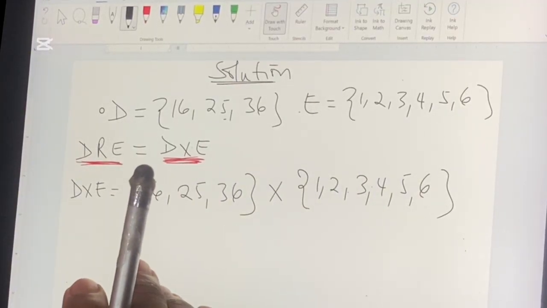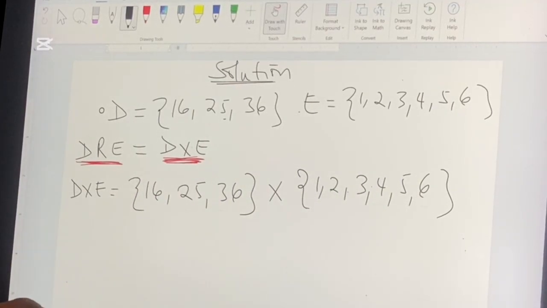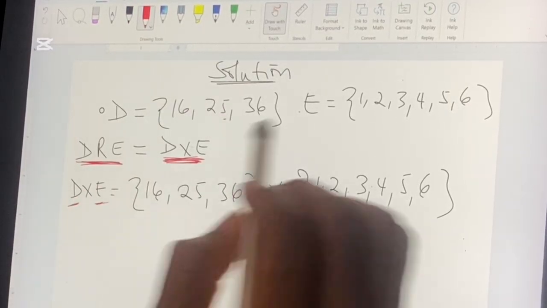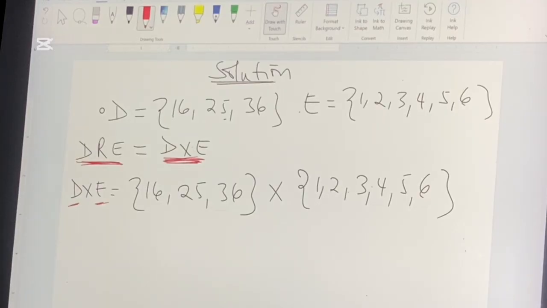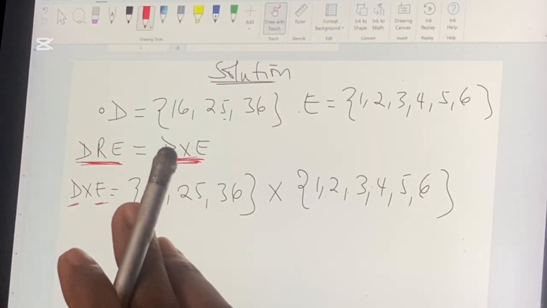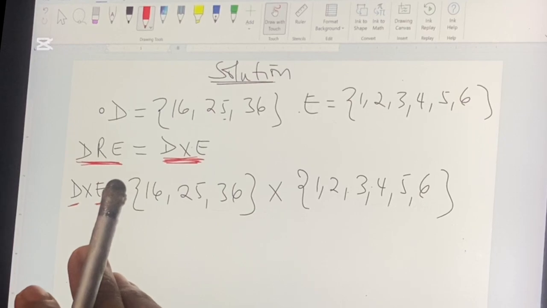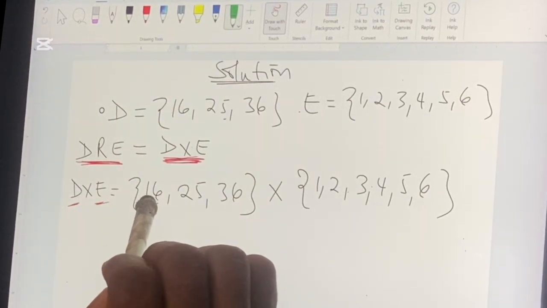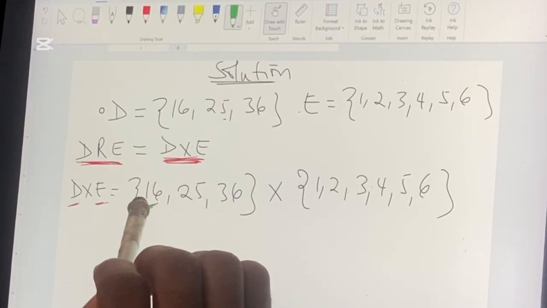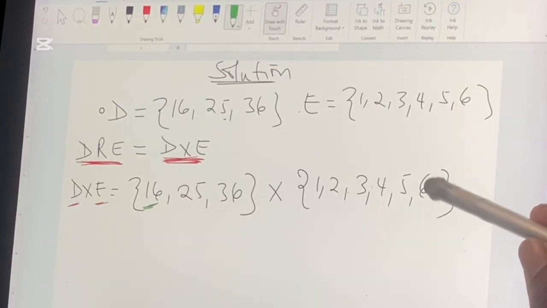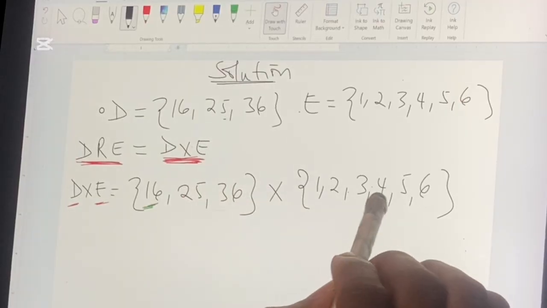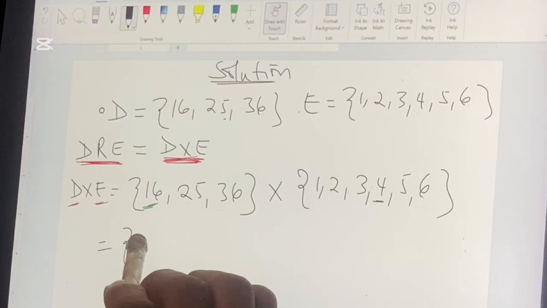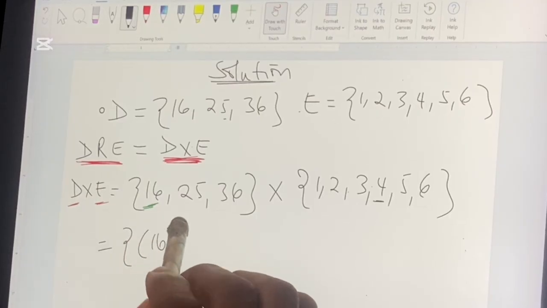So for us to relate D and E, we only relate them when D is a perfect square of E. So if I want to relate the first member here, 16, I will only relate 16 with its square root, and that is 4. Please take note. That means 16 will relate with 4. I will have 16, 4.